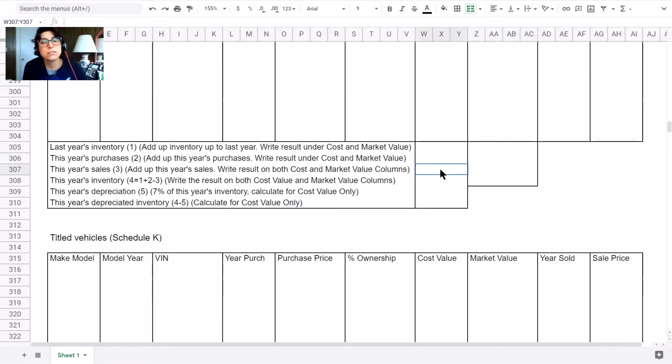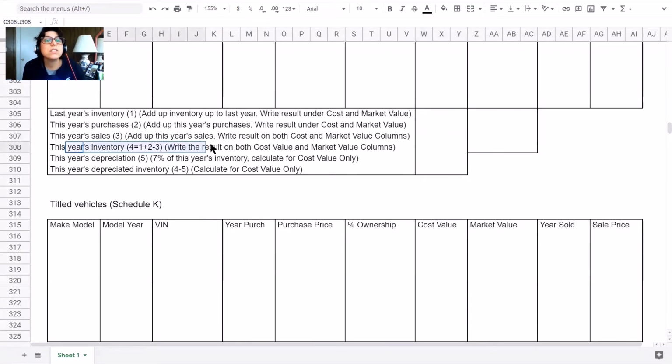This year's sales, how much you made on resale of machinery and equipment, and you enter that here and here, which gives you this year's inventory, 1 plus 2 minus 3, and you enter that here. Then you can calculate depreciation.